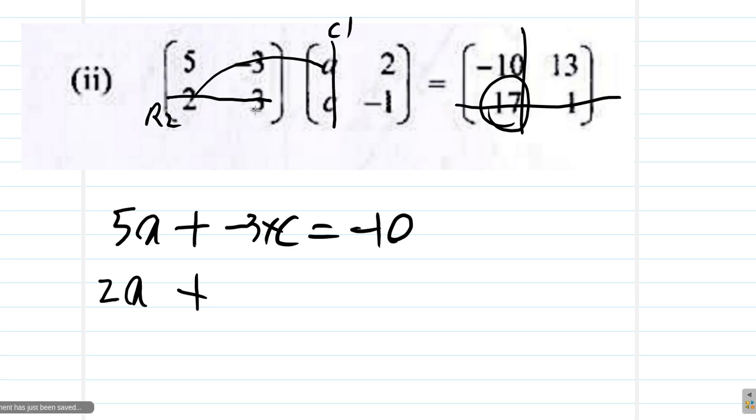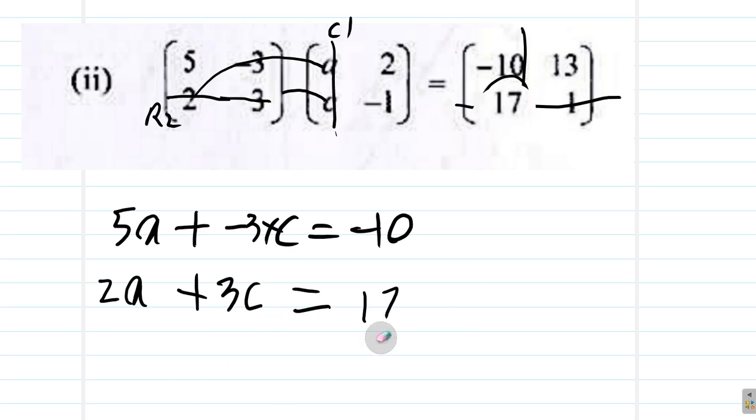Second in row 2 by second in column 1 is going to be 3 times c, is equal to 17. A while ago you did row 2 by column 1, so this gives you 17. And it's a positive 17. I just erased that to make sure. Alright.